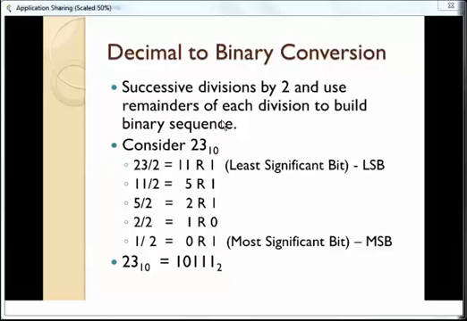So we put in the proper order from most significant bit going toward the right. We end up with our least significant bit. So we have the binary sequence, so to speak, of 1, 0, 1, 1, 1. And again, we use the subscript of 2 to denote that we have a binary number.